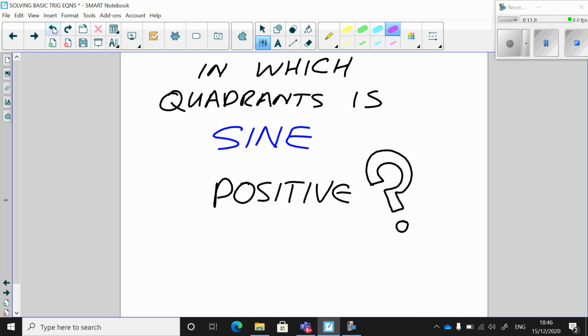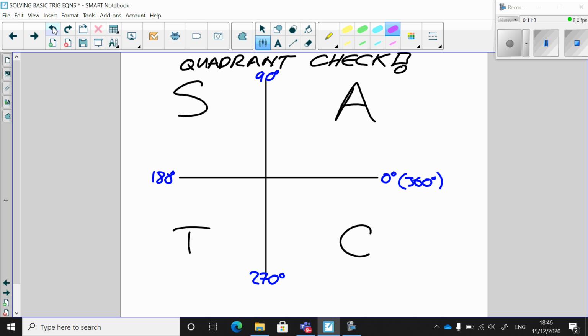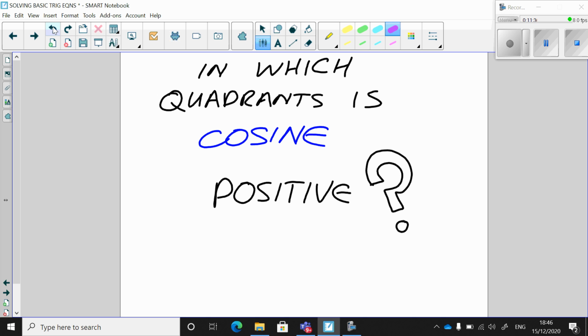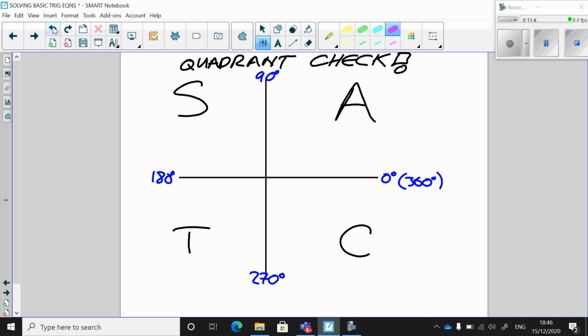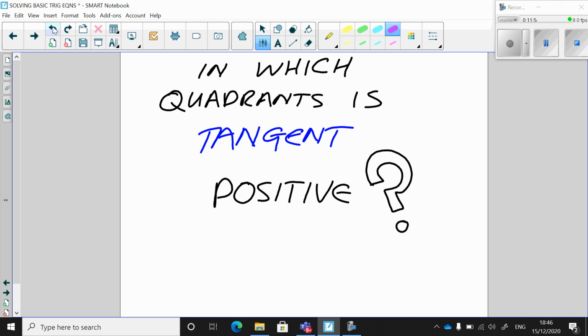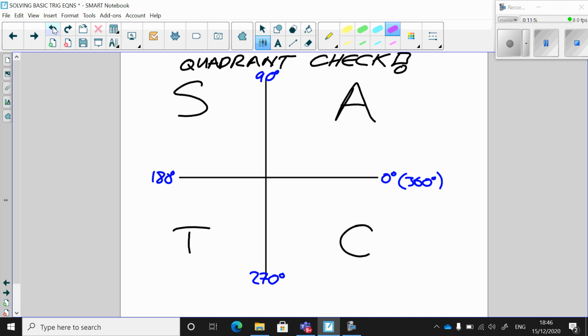I tick those two. Next one. In which quadrants is cosine positive? We always tick A and C for cosine. Fine. Next, in which quadrants is tangent positive? We always tick A and T for tangent. There you go.